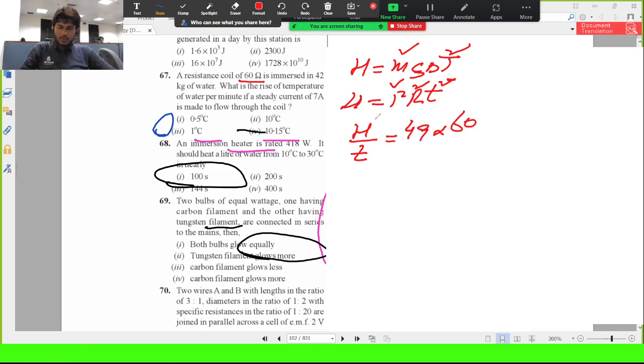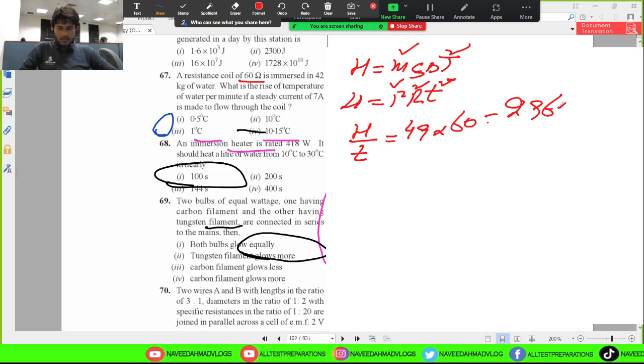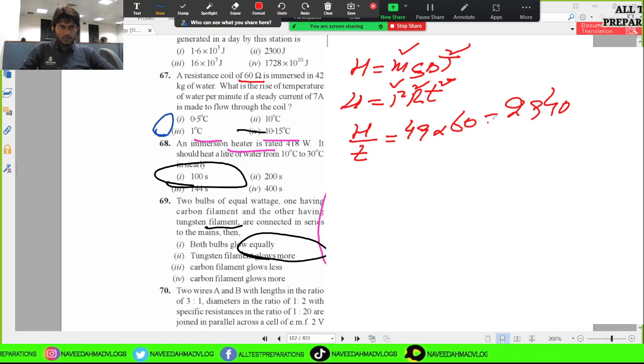So H divided by t will be equal to 2940. Okay.